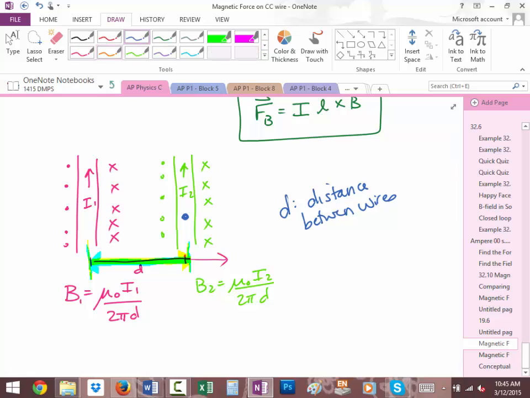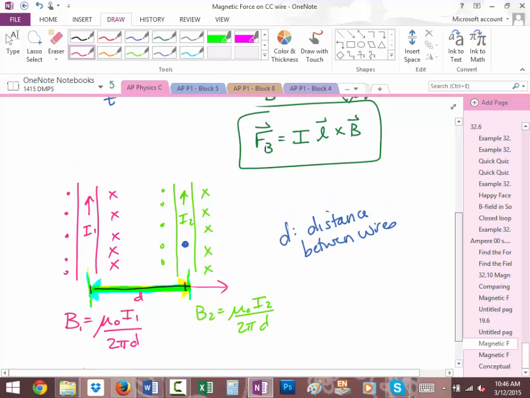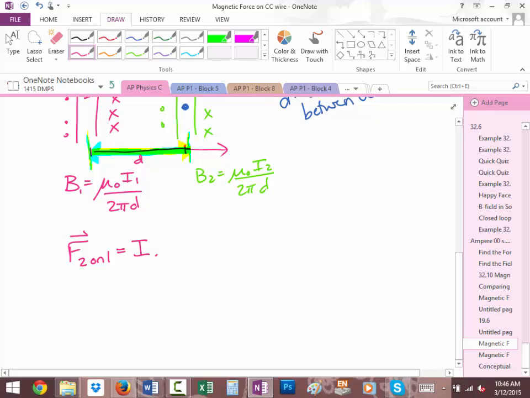Now, the magnetic force that number one feels because of number two. The force of 2 on 1 is equal to I times L cross B, where this is I1 and B2.